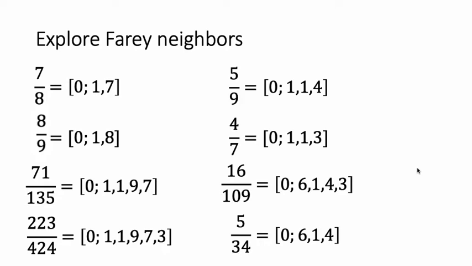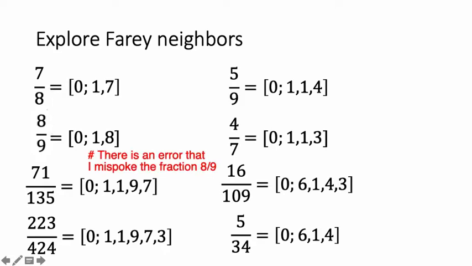So we've listed out a few Farey neighbors. I remind you that in this lecture, when we put a fraction on the upper row, this means that this fraction is less than the fraction below it. In this case, 7 over 8 is less than 4 over 7.